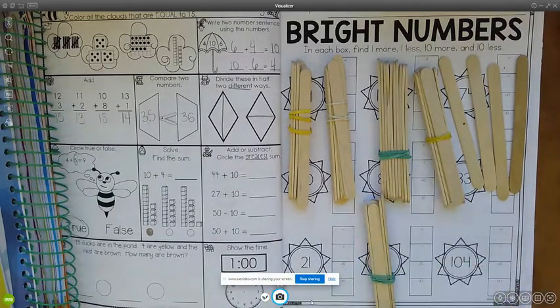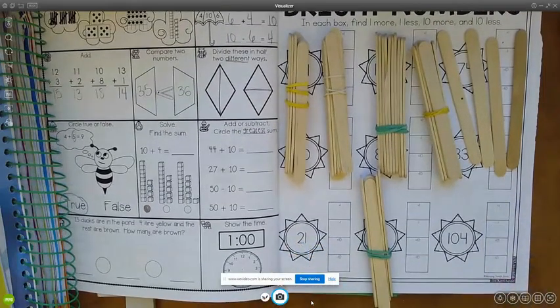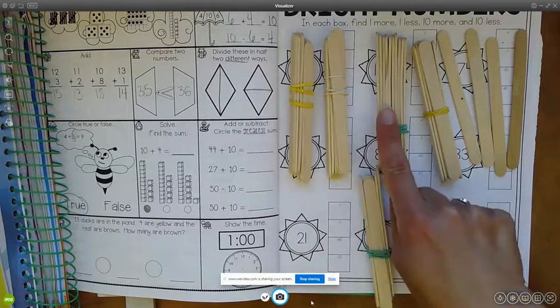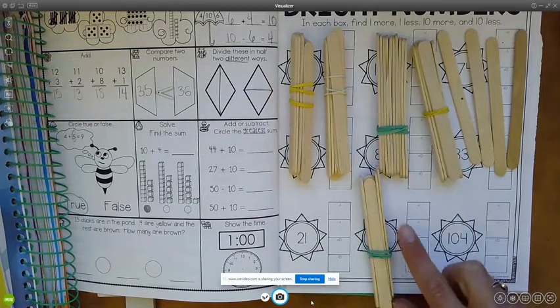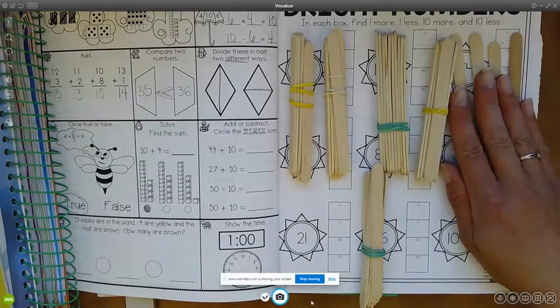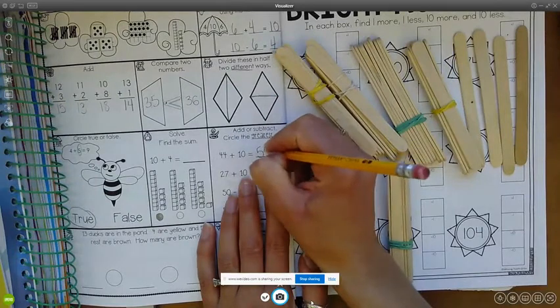So here's another bundle of 10. If I were to add 10 more, how many would I have now? 10, 20, 30, 40, 50, and then don't forget, we still have the 4. 54 would be my answer.